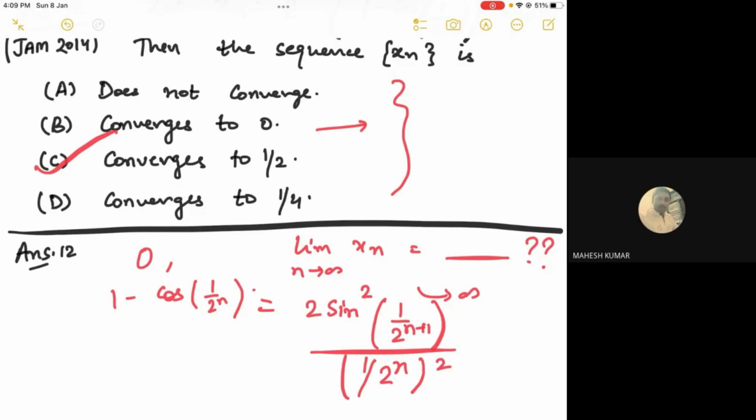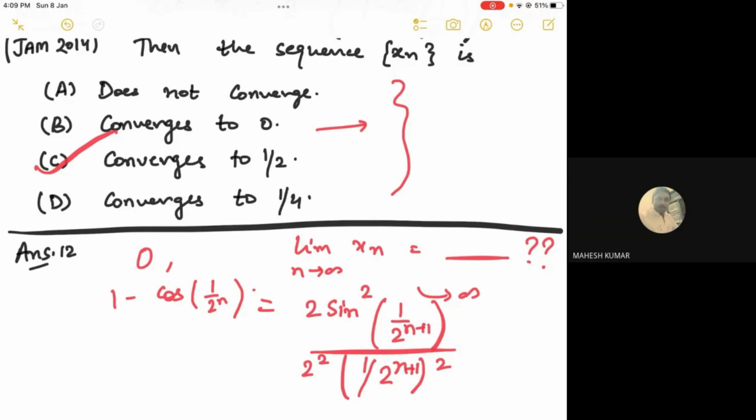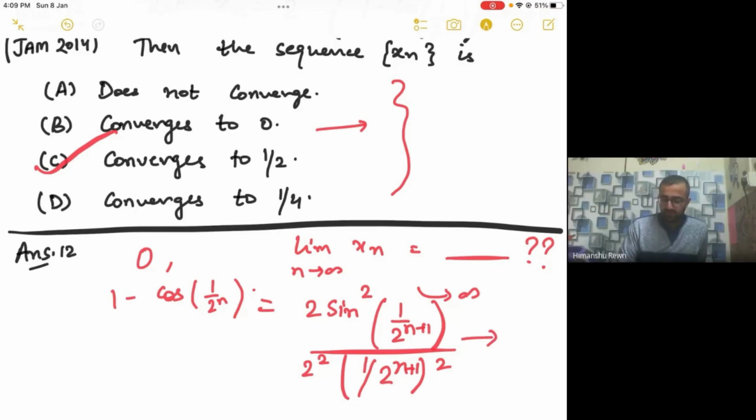So you need n plus 1 here, then you will multiply by 2 square, 4. Then we have, it will go to 1 by 2.